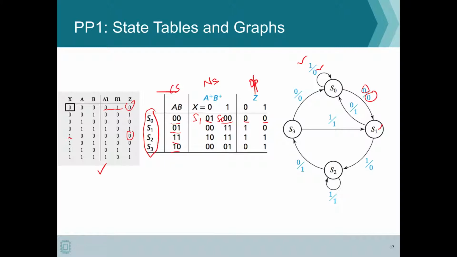Similarly, when we have S1, we go to 0, 0 when the input is 0 and the output is 1 this time, and when the input is 1, our output is 0 and we go to S2. So that's basically S2. Similarly, you can populate this as we have shown, and so this becomes your next state table, and this is your state transition graph.